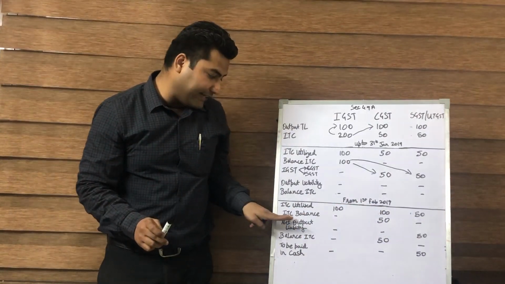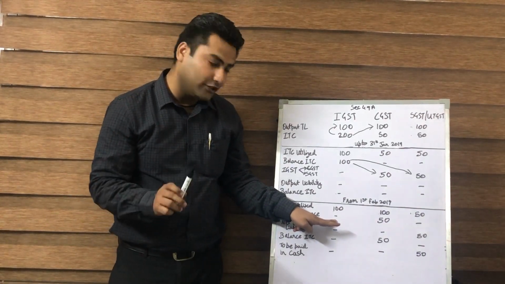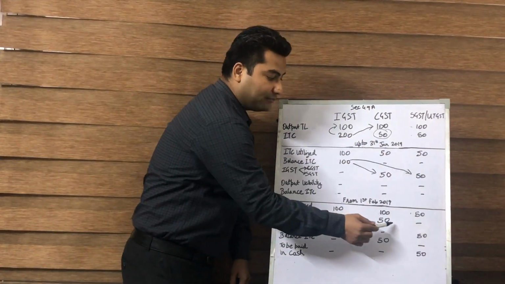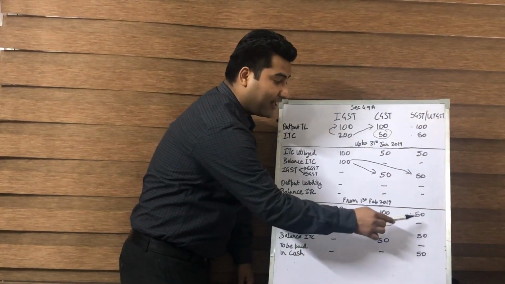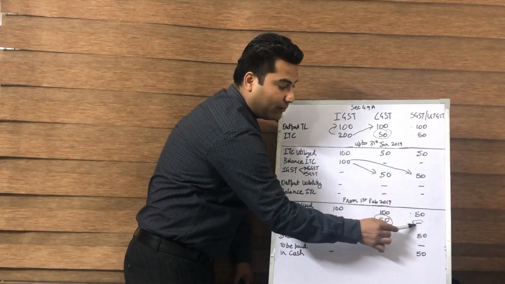Now I am left with ITC balance of 0 rupees in IGST because I have already consumed 200 rupees. 50 rupees, this is the balance which I am still left with in CGST, and this 50 has been utilized towards the payment of this, so I am left with 0 balance.